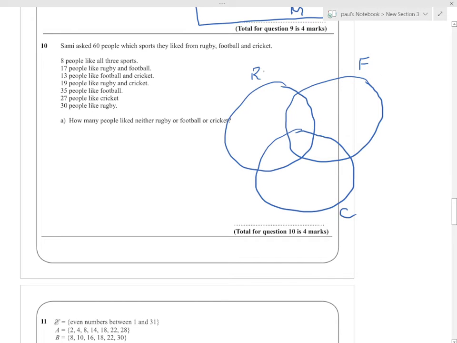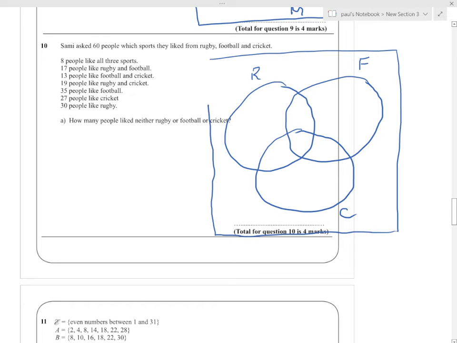Okay. Now, we've got to find out how many like neither of them. So that's going to be our bit around the outside. How many like that? So, 8 people like all 3 sports. So, we're going to put 8 people in the middle.